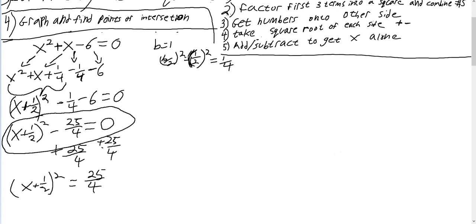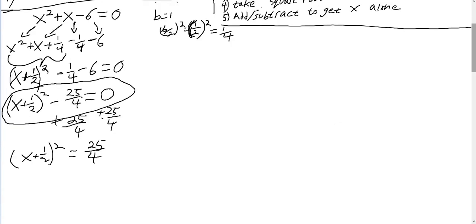And this is another good thing to know. When you have something squared like this, you take the square root of each side and make it positive and negative. Sometimes they'll give you a problem just like this, x plus a half, in parentheses, squared equals 25 over 4. And the way to solve that is you take the square root of each side.